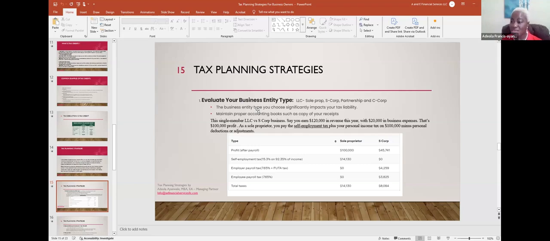Assuming you start a business, you assess the longevity and the growth level of the business. It allows you to properly think, do I need to just form a basic LLC, or elect as an S corp, or a partnership, or a C corporation?